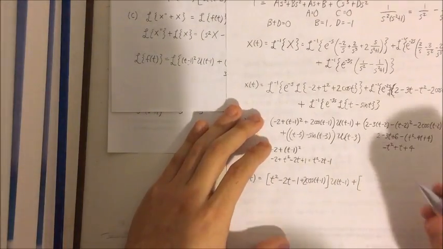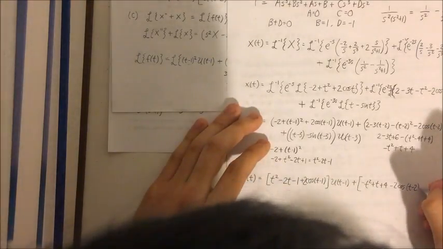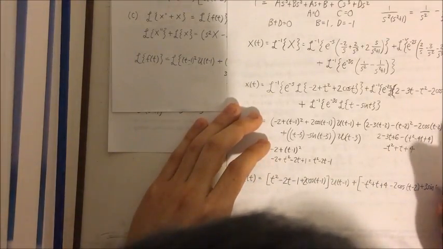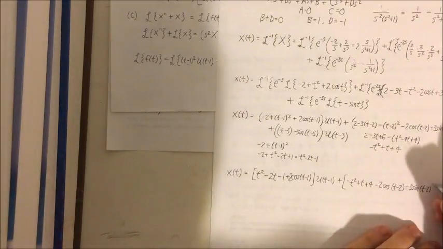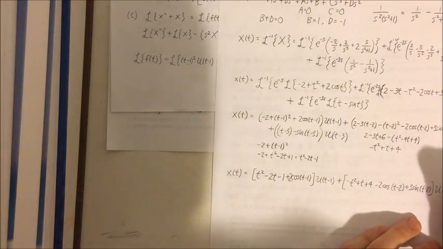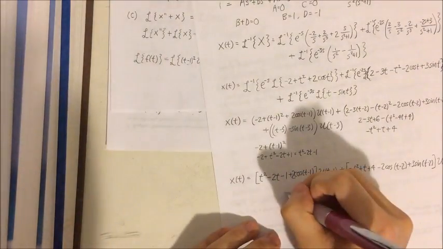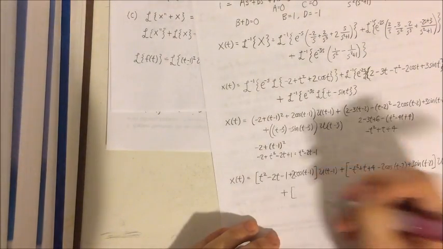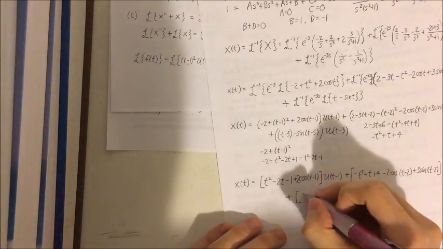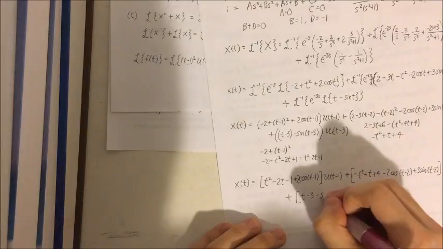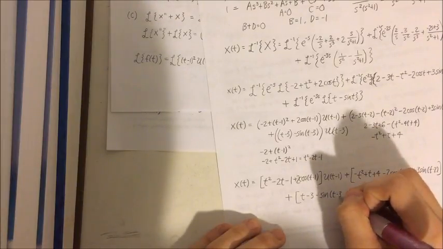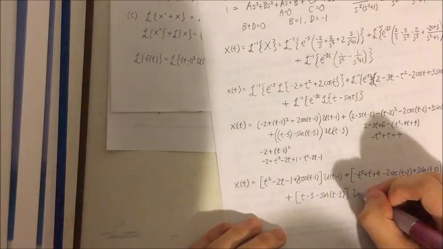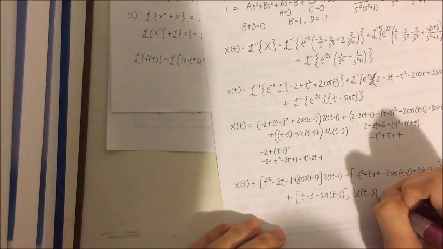And then at time t equals 2, it's going to turn on this nasty thing: negative t squared plus t plus 4, minus 2 cosine of t minus 2 plus 3 sine of t minus 2, u of t minus 2. Then at time t equals 3, it's going to turn on this other thing, which is t minus 3 minus sine of t minus 3, u of t minus 3.